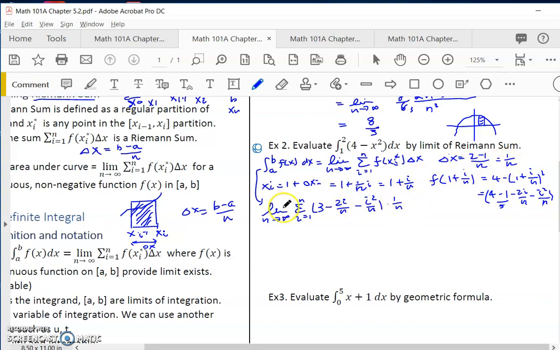And then 1 over n is not part of i, so I can move it out. So I would write the limit as n approaches infinity, 1 over n, and I still use this notation, sum from i equals 1 to n of 3 minus 2i over n minus i squared over n squared.